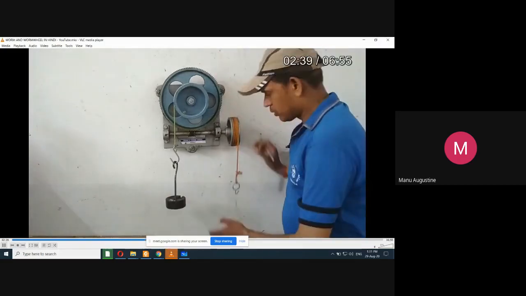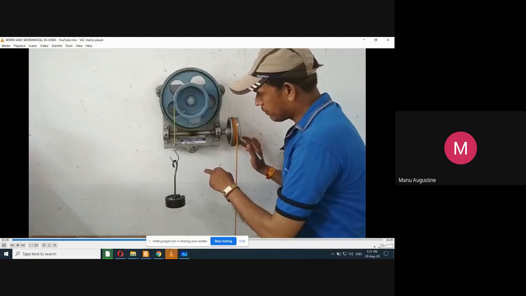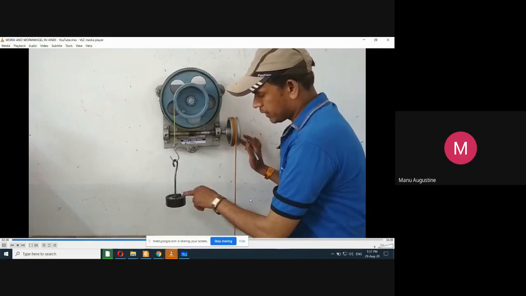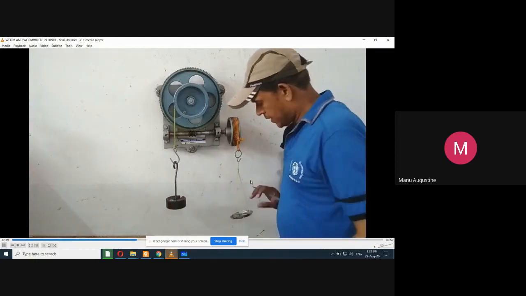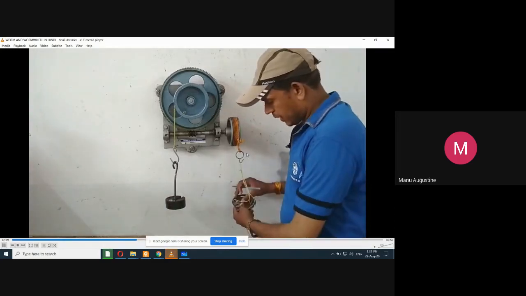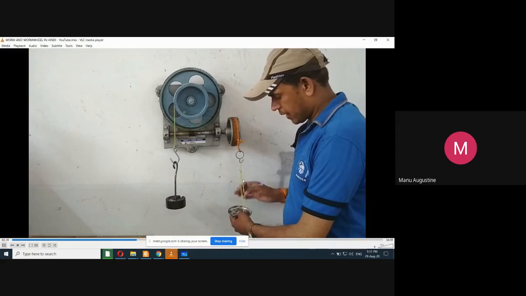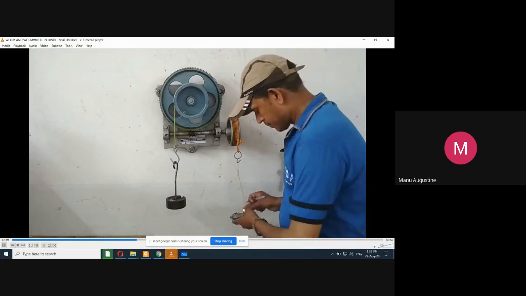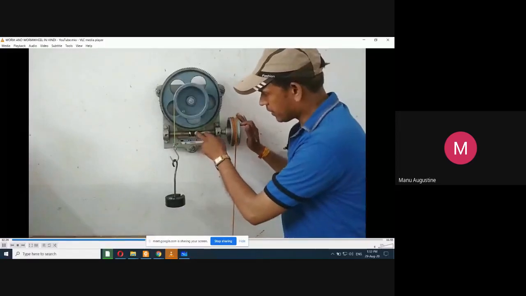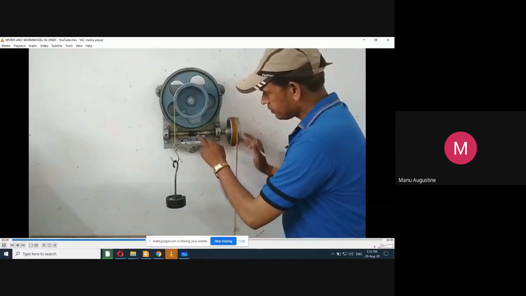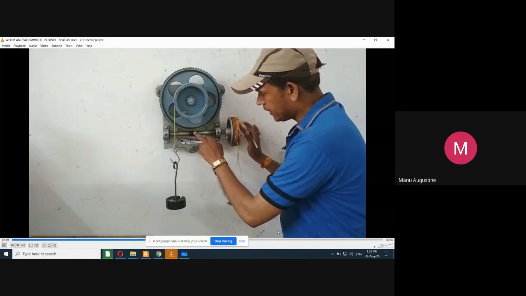Okay, now see, after the application of the load, he will apply a little bit more effort at this dish, and see, small effort applied. Now this is rotating, the worm is rotating and the gear is rotating, and the load is being lifted slightly upwards.